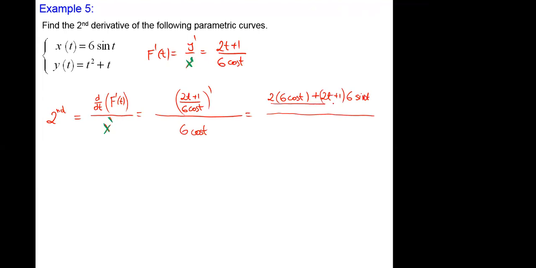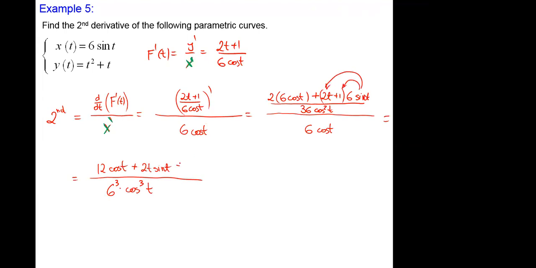And all over denominator squared, 36 cosine squared of t, and still 6 cosine of t. Okay, I can probably just rewrite as one fraction, 36 times 6, or I can write 6 cubed cosine cubed, and this will be 12 cosine of t plus 12t sine of t, I'm just distributing, and 6 sine of t.